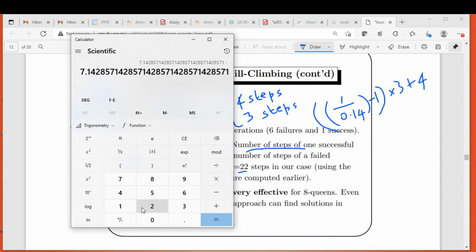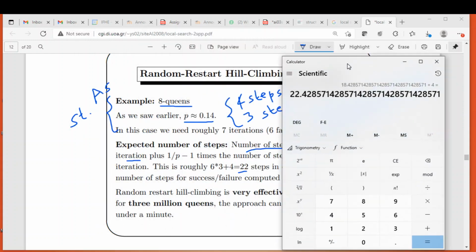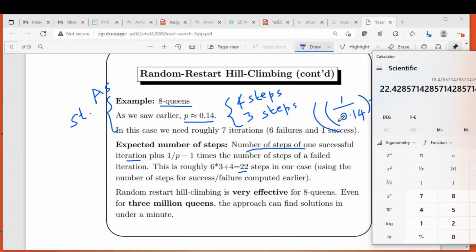Minus 1 is 6.14, into 3 is 18.42. Okay, plus 4 is 22.42. If you round it, you will get 22. So that is how we got this answer 22.